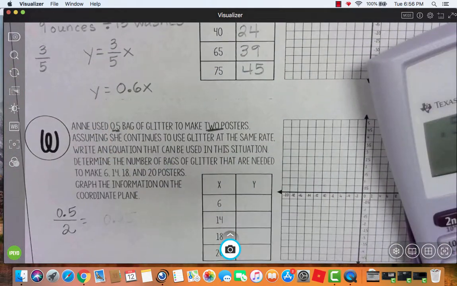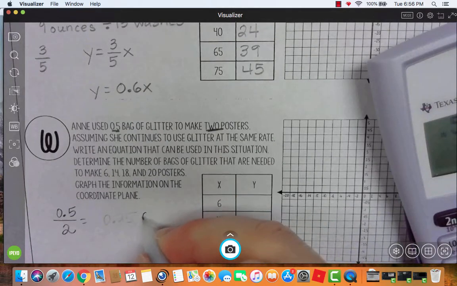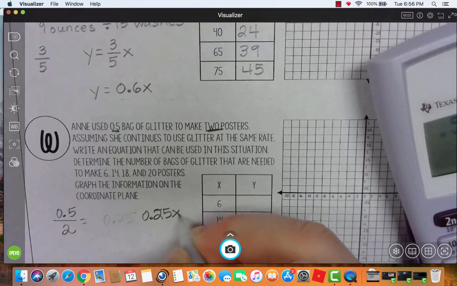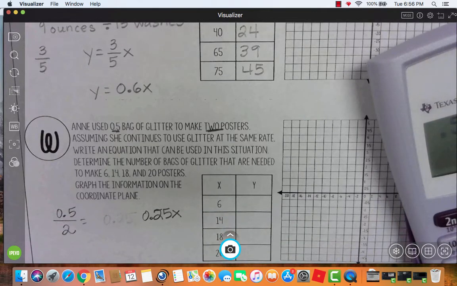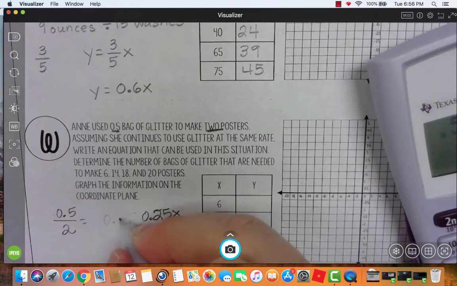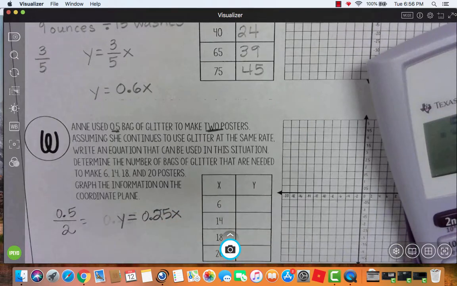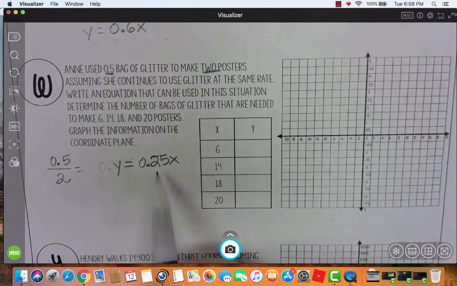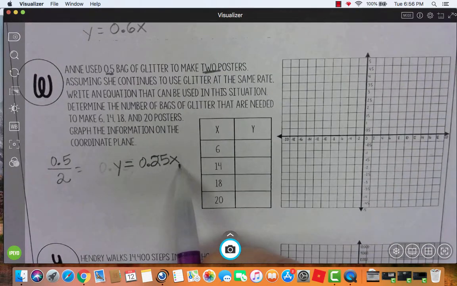If you feel comfortable as a function rule, quarter of a bag per x posters. That's my function rule, but my equation is y equals 0.25 times x. Okay? A quarter of a bag for this many posters.